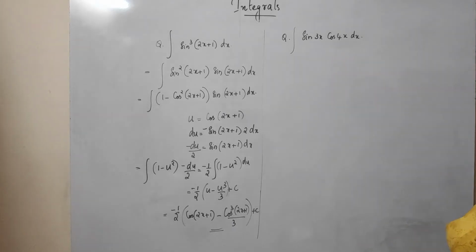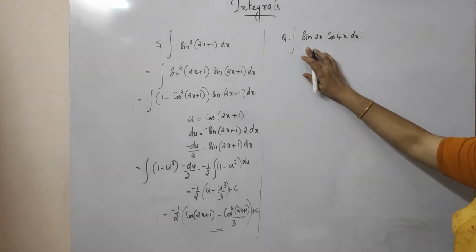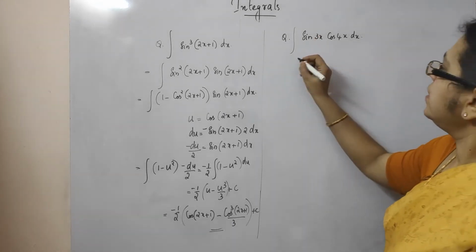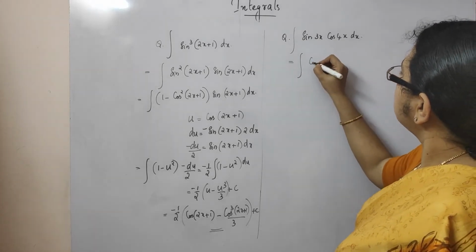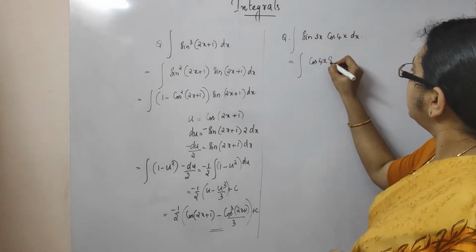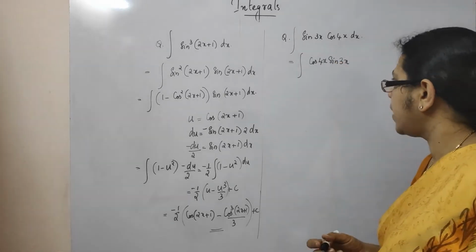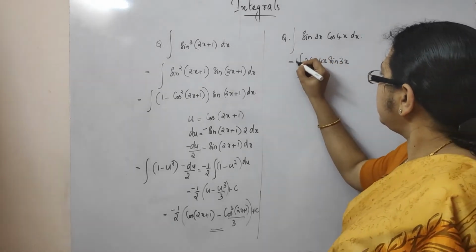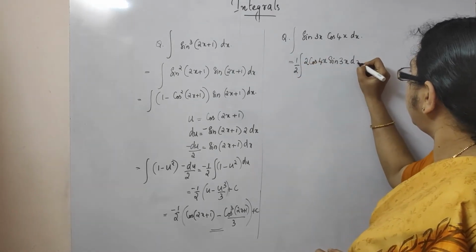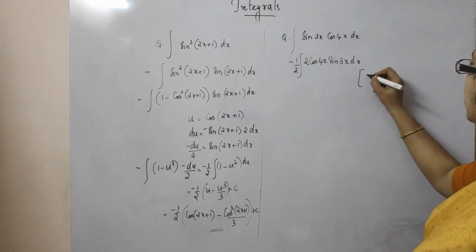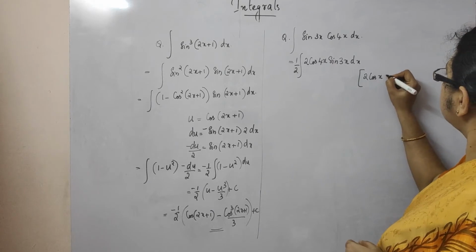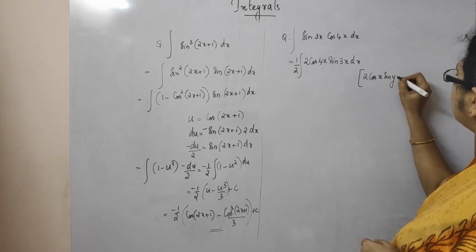Well, now let's see this. Here I can write this integral as cos 4x into sine 3x. I multiply by 2 and divide by 2 and use the formula for 2 cos x sin y.